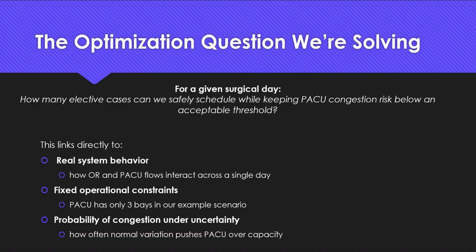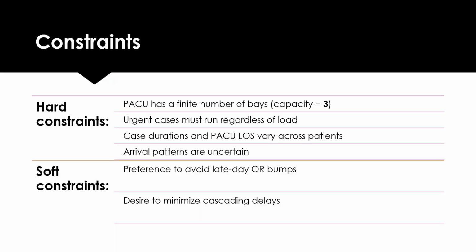Okay, so this helps to give us a view of how the OR and PACU flow to interact across a day. We have some constraints put into place because we only have so many places to put patients, and we want to understand the possibility of different scenarios and how they could play out. But we need to know the probability of congestion under these constraints in order to make a good decision.